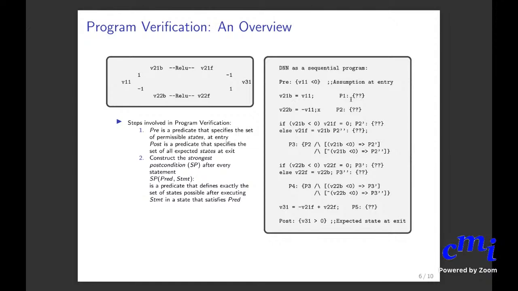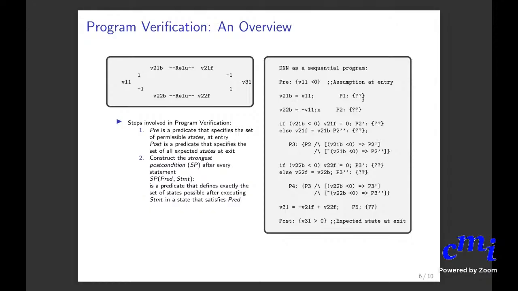The state of the values, the conditions that have to hold good for the variables that have been assigned by that assignment statement. So in this case, for example, V21B is assigned V11. So what is the strongest statement that you can make? You can definitely say that V21B is equal to V11, correct?